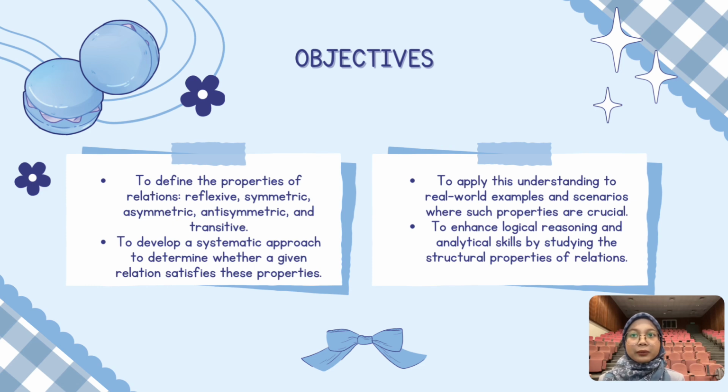Second, to develop a systematic approach to determine whether a given relation satisfies these properties. Third, to apply this understanding to real-world examples and scenarios where such properties are crucial. And lastly, to enhance logical reasoning and analytical skills by studying the structural properties of relations.